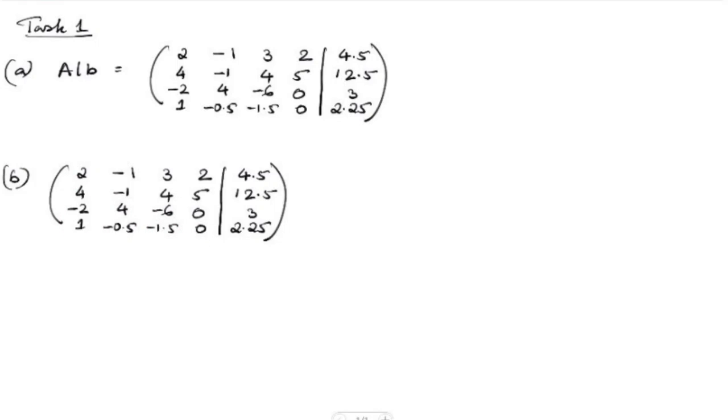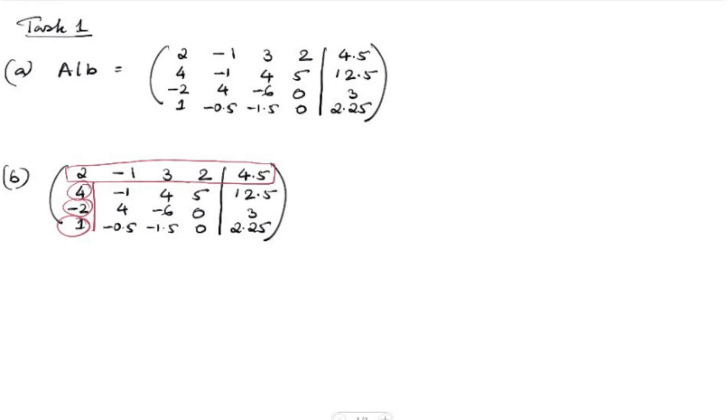The first thing we need to do is freeze row 1. So we freeze the first row, we don't change anything in it, and then in the first column we look at the elements below the first element of the frozen row.